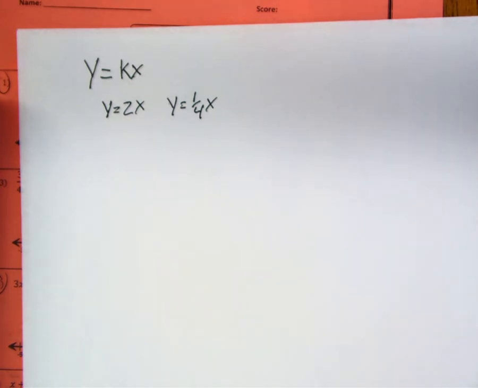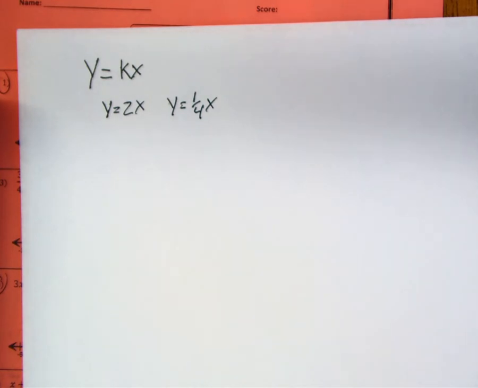Let me find the exact instructions that we were using there, that way I don't misquote anything. We were told y varies directly as x. Find the constant of variation and write an equation for the direct variation.